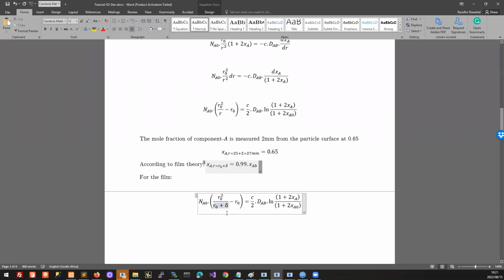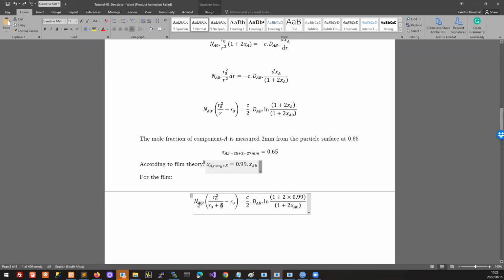And our XA, we've said, is 0.99. And now we have everything again to solve for delta. This time, delta is the unknown. We don't know how thick this film is.